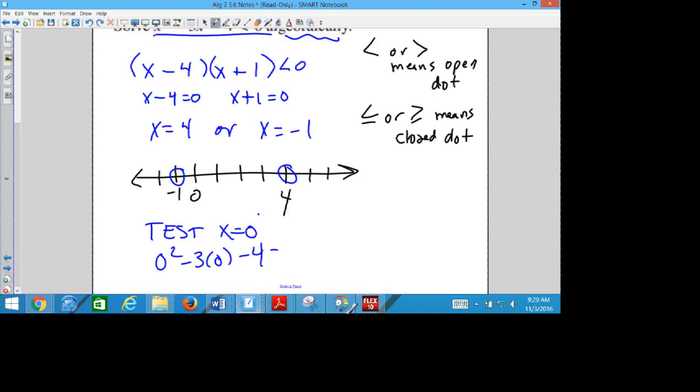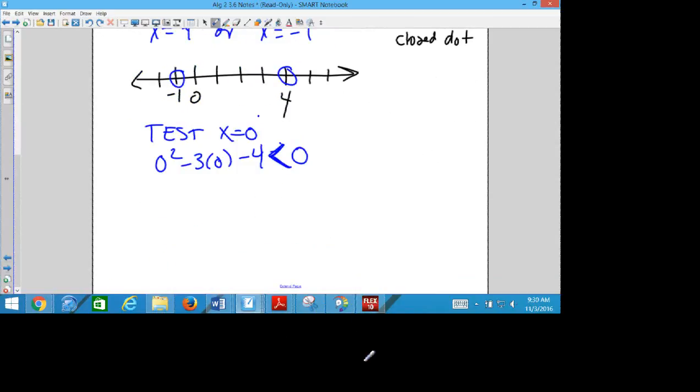And is it greater than or less than? Does it work? -4 is less than 0. True. That means I get to shade in between the dots.